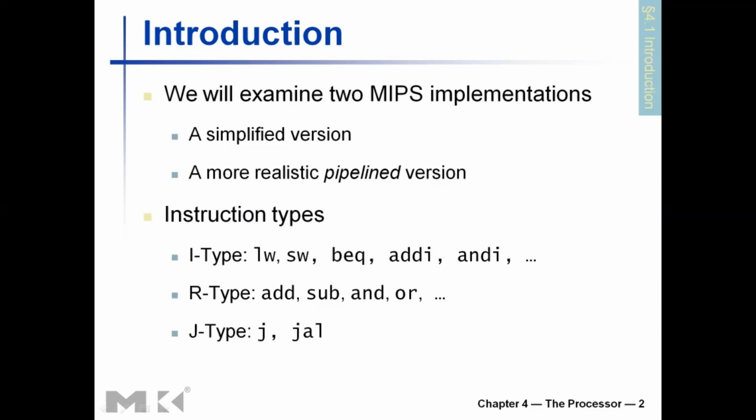Then JAL is like BL in ARM, branch and link. Here it's called jump and link, JAL. So that is used to implement function calls where you need the return address. Right, so that is a very brief overview. Let's try to get into a little bit more about these MIPS instructions.